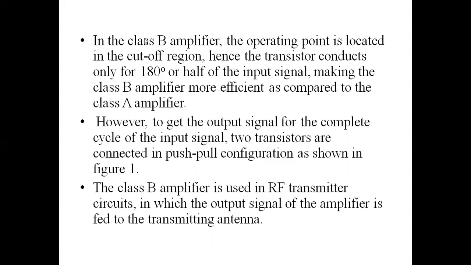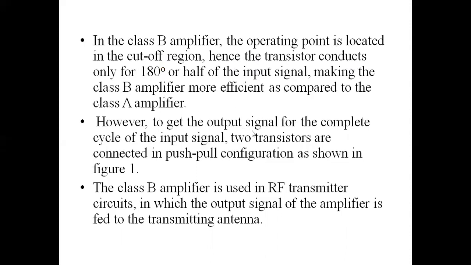I have already explained what class A, class B, class C and class AB mean. Hence the transistor conducts only for 180 degrees, or half the input signal, and the class B amplifier is more efficient as compared to the class A amplifier, as we will discuss now.